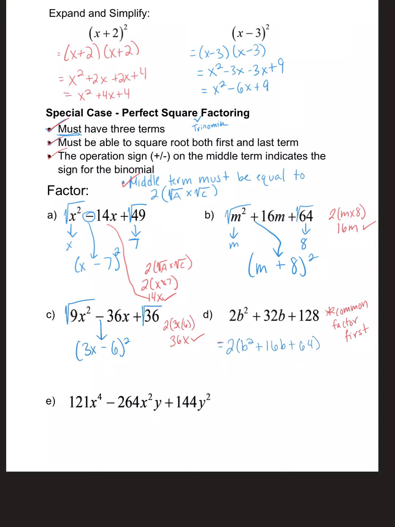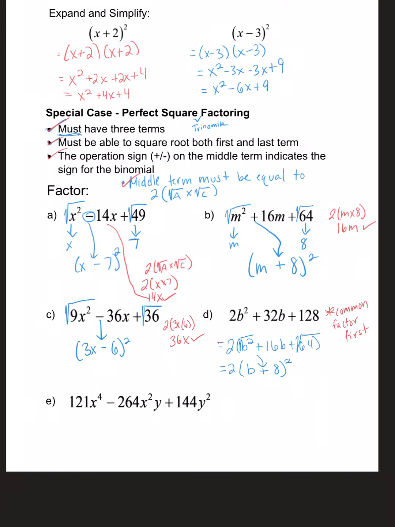Okay. Now if we take the square root of those, we still have our 2 out front. The square root of b squared is b, and the square root of 64 is 8. We bring down that sign, and we raise it to a power of 2.